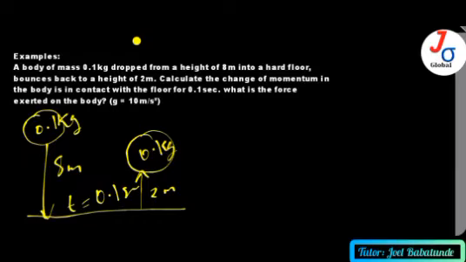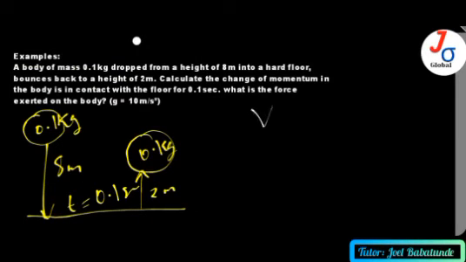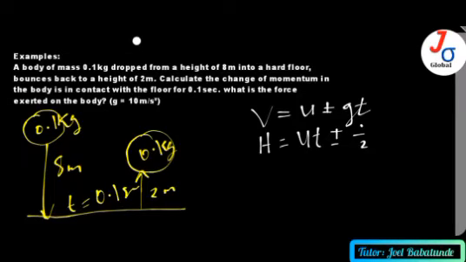I just want to recap this. The laws of motion are actually three in number. V equals U plus or minus GT. Then H equals UT plus or minus half GT squared.